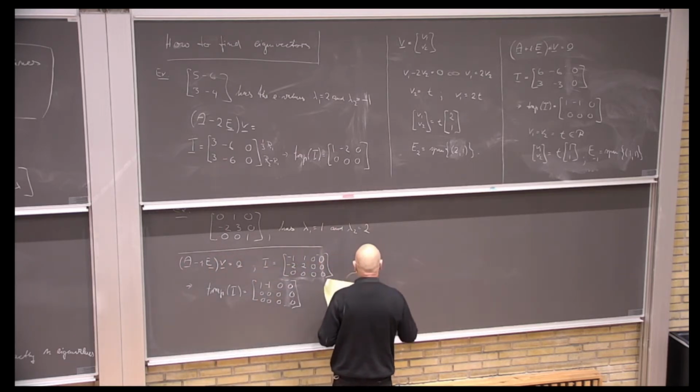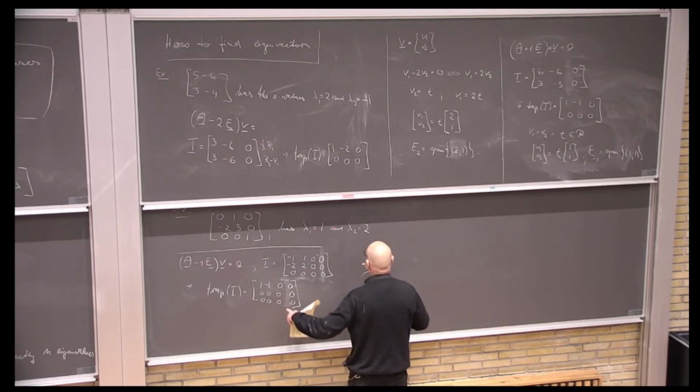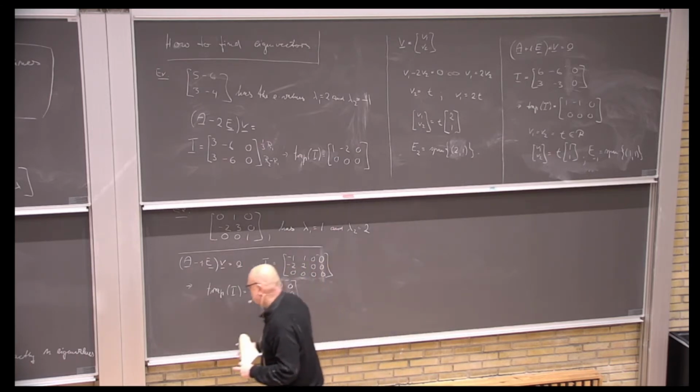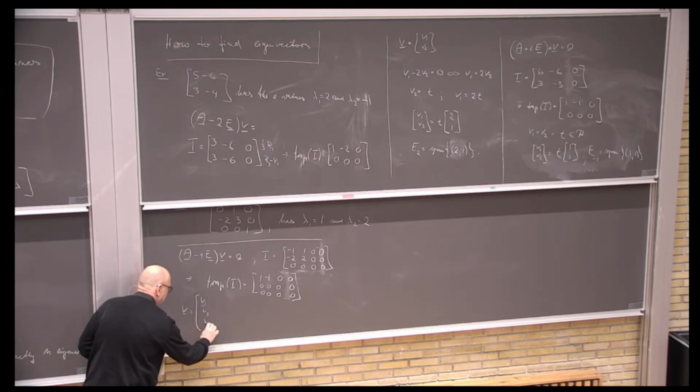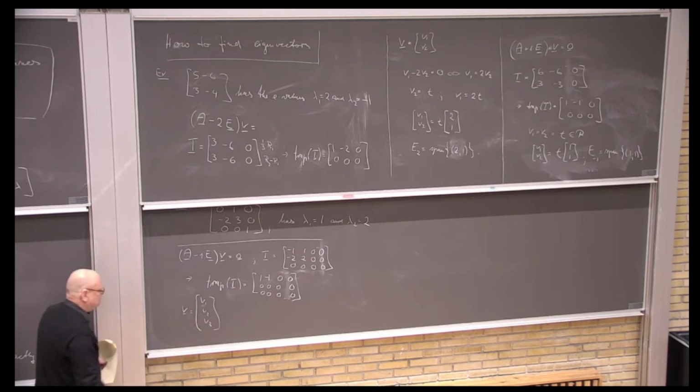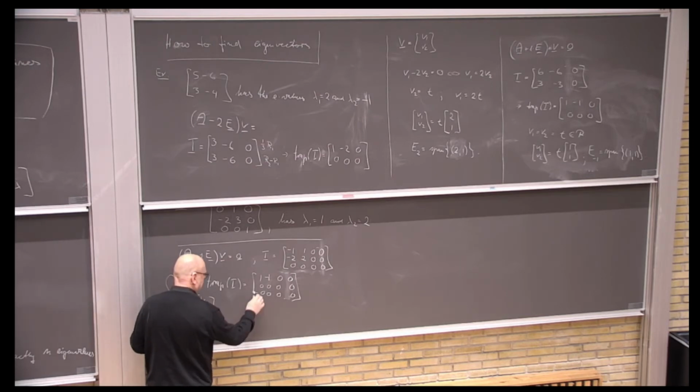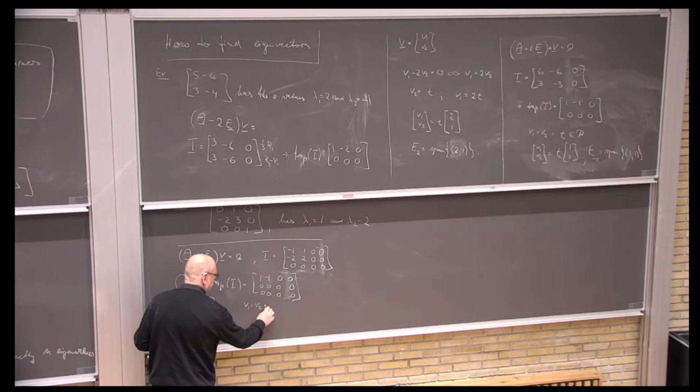I can say that the only equation that comes out of this, if I write the solution as V1, V2, V3, the three coordinates, is that from the first equation I get that V1 is equal to V2, and I can put this equal to a free parameter.